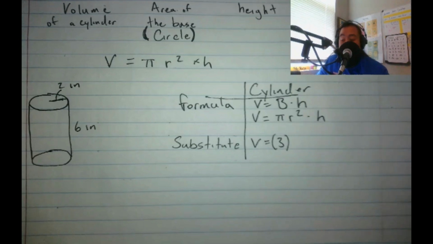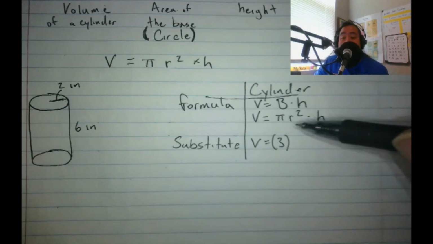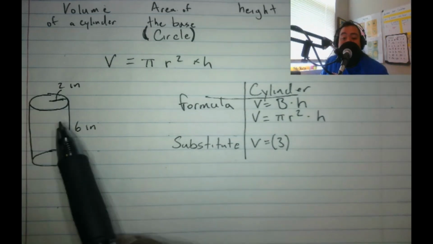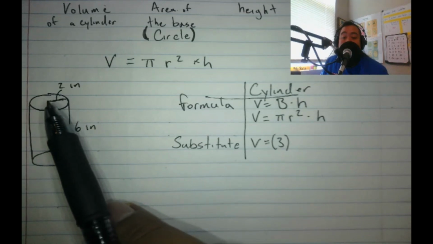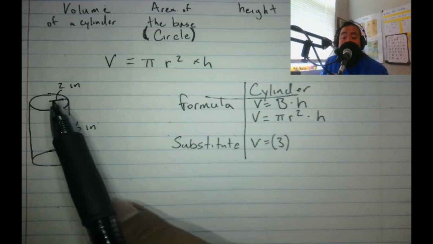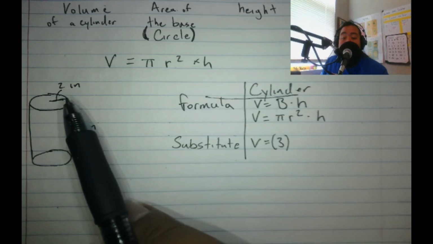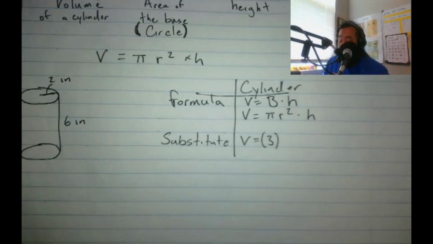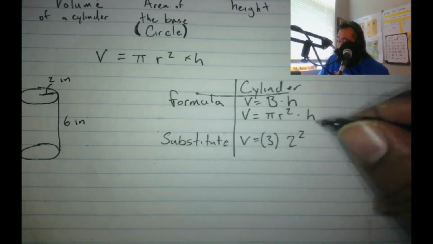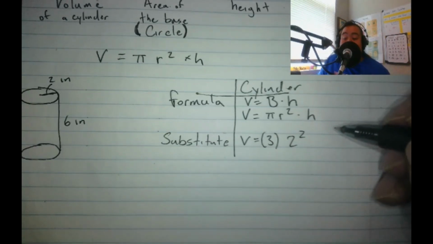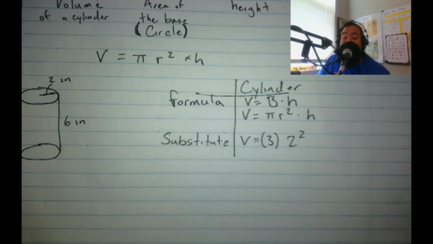Then r squared. The letter R stands for radius. When I look at this circle, radius is starting from the center of my circle, going all the way to the edge. So it's only halfway through that circle, from the middle to the outer edge. The radius in this problem is going to be 2 inches, so I'm going to have 2 inches squared. And then the last part is H in this problem, the distance between my two circles.